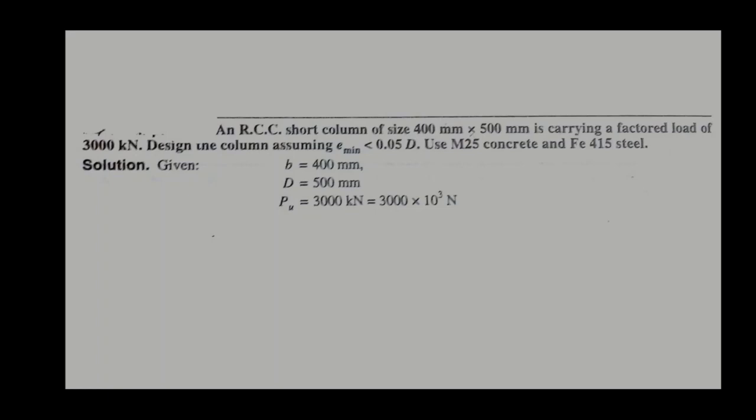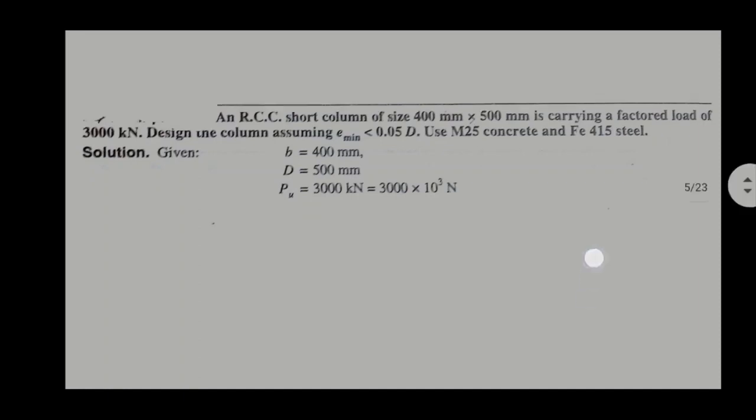Small b is 400 mm, that is least lateral dimension. Capital D is equal to 500, that is lateral dimension, and Pu is given 3000 kilonewton, or we can also write 3000 into 10 cube Newton.